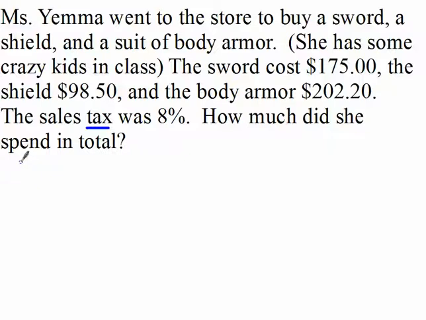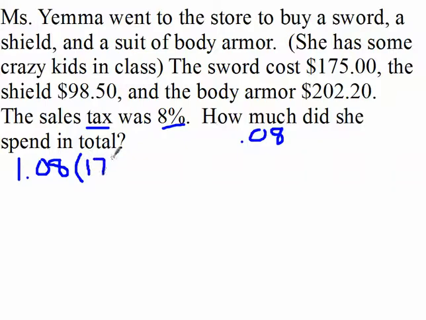So what I'm going to do is I'm going to multiply all of this by 1 point this sales tax, which written as a decimal is 0.08. So I'm going to go 1.08, and I'm going to multiply that by everything that she purchased.